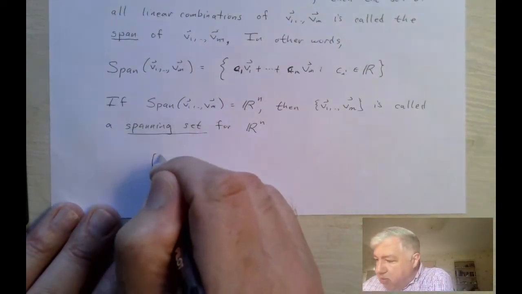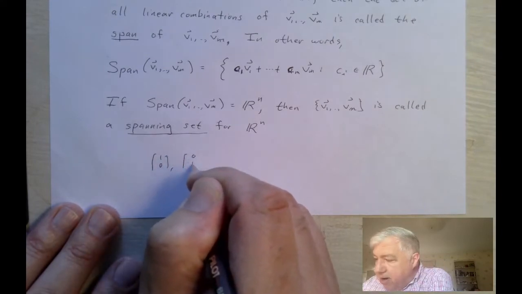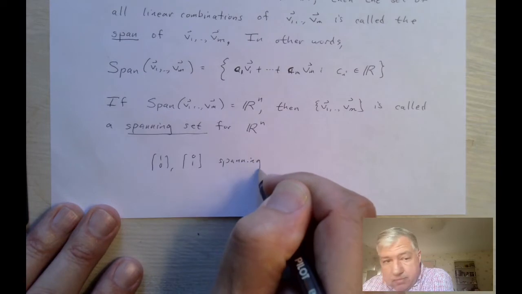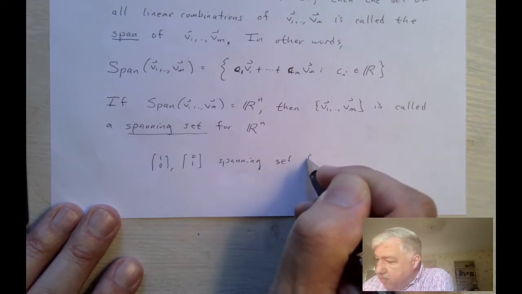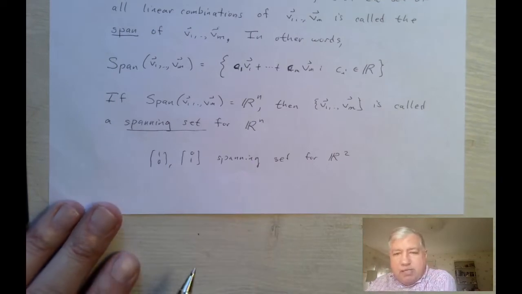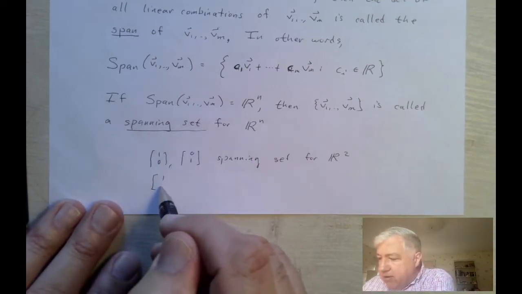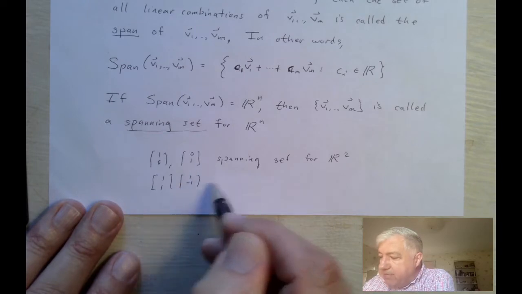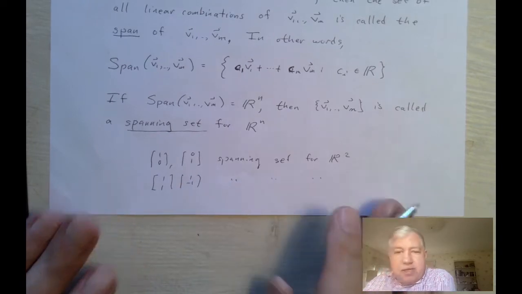So for example, (1, 0) and (0, 1) is a spanning set for R2. But the spanning set is not unique. We found out previously that the vectors (1, 1) and (1, -1) would also be a spanning set for R2.